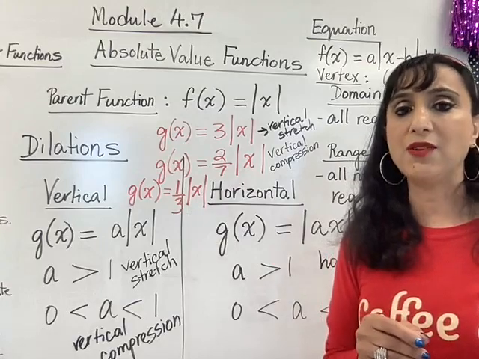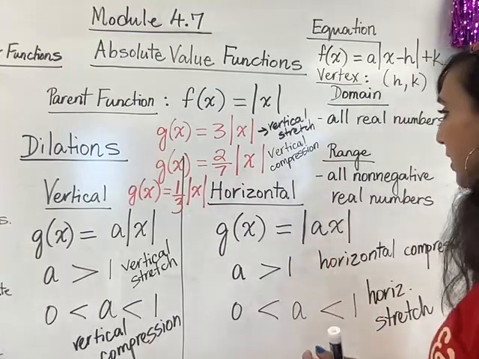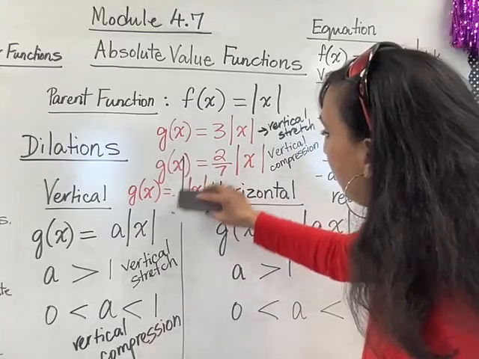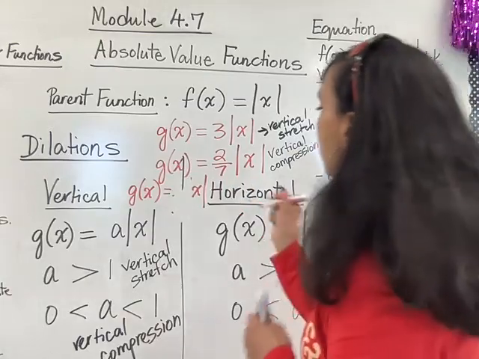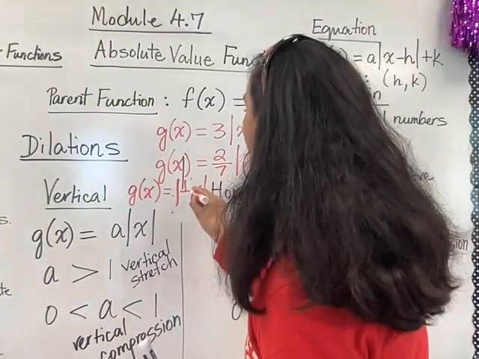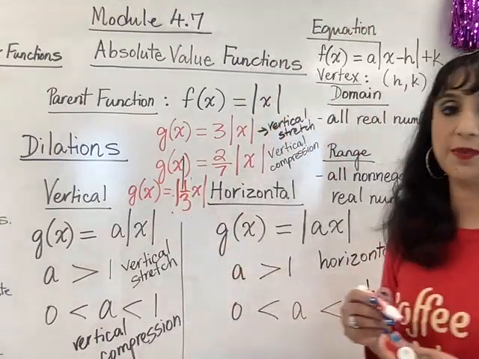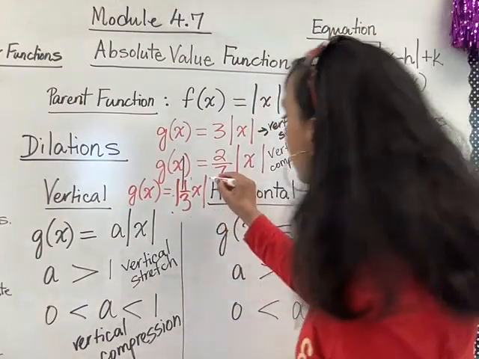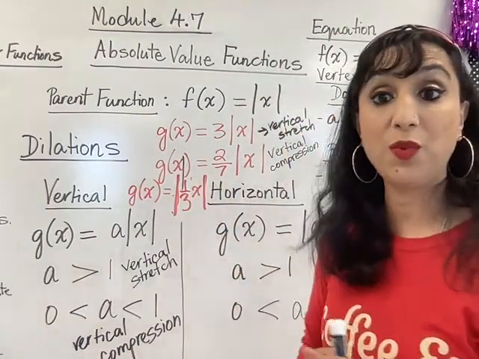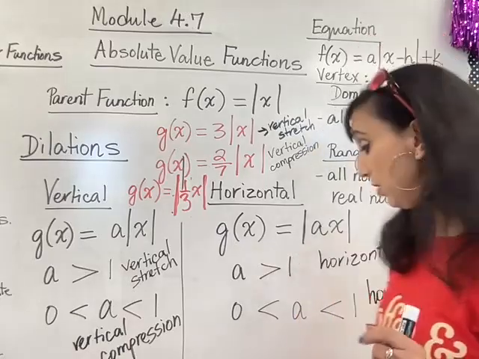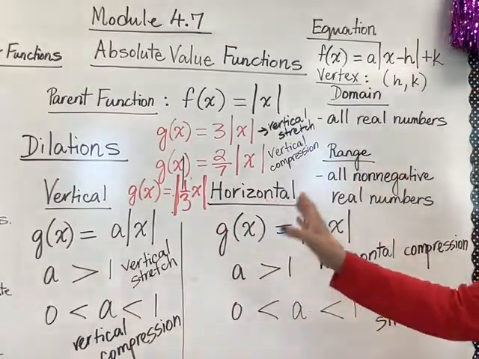Now, what about if I had done this? If I had taken this and I had done 1/3 x. Okay, so what do I see now? Now we have to solve for everything within the absolute value symbol first.